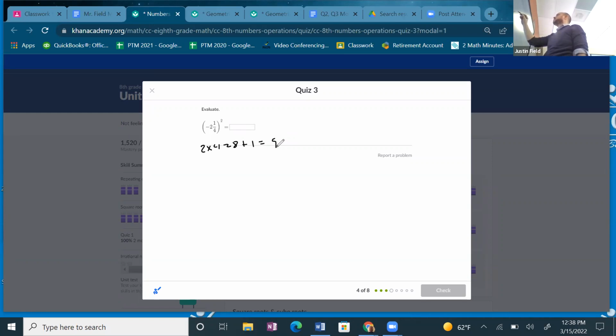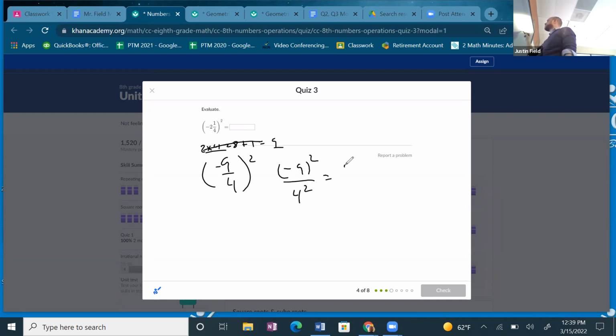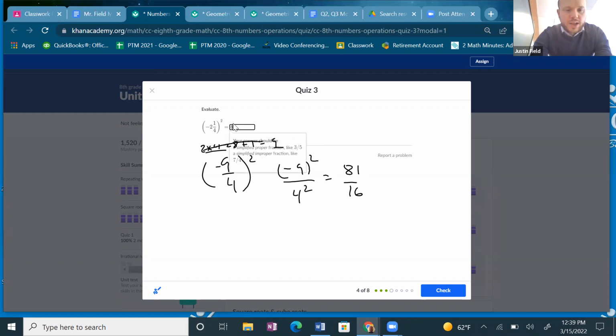So it's 9 over 4. And how do you square a fraction? You square the top, you square the bottom. 81 over 16.